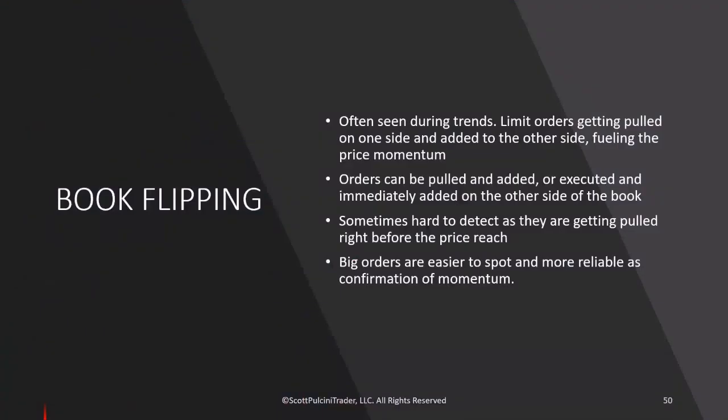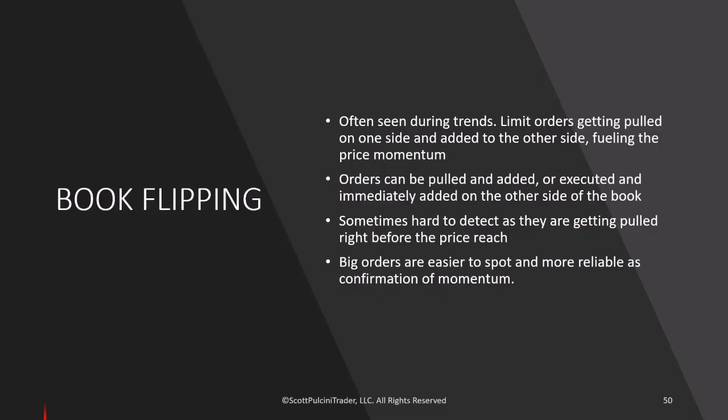So the book flipping, you will often see it during trend days. There are limit orders that are getting pulled on one side and added to the other side, and those will fuel the price momentum. Okay, orders can be pulled and added, or executed and immediately added on the other side of the book.